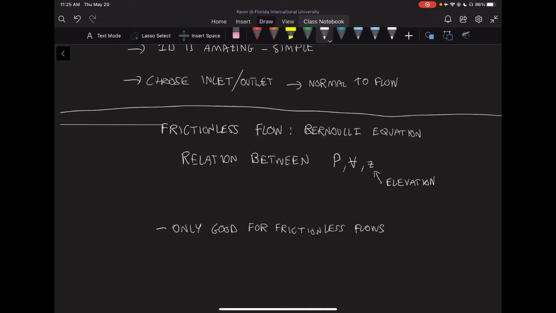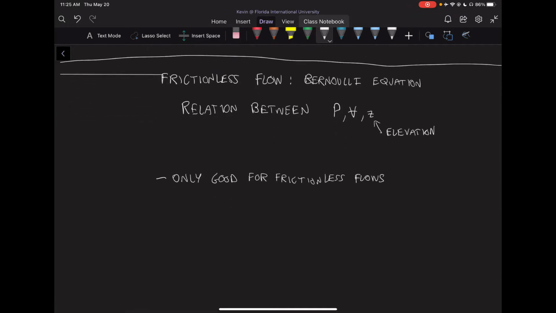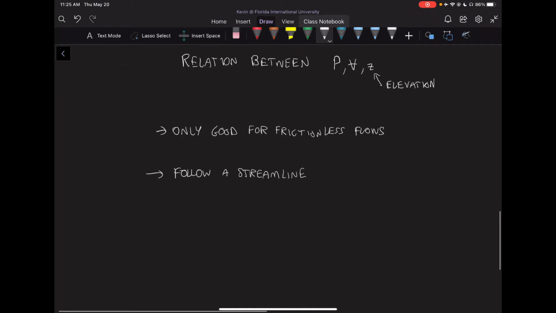Okay, and what we're going to do in order to solve this problem is we're going to have to define a streamline. So we're going to look at the flow a little bit differently. We're not going to look at a control volume, but now we're just going to look at a streamline and follow along that streamline and analyze the streamline as we move along the line, essentially.